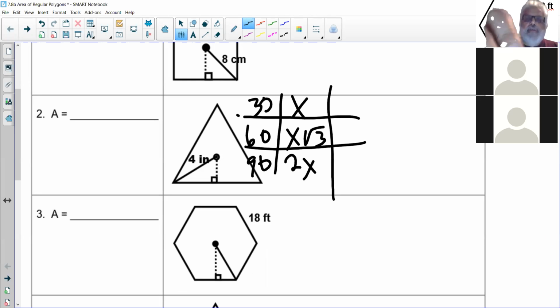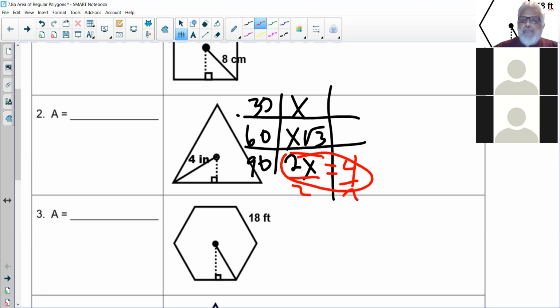Correct. So I'm gonna put the 4 down there, which means what is X? Oh, 2. Not 8, 2. I thought it was 2 times, divided by 2. Right, so that 2 goes there.